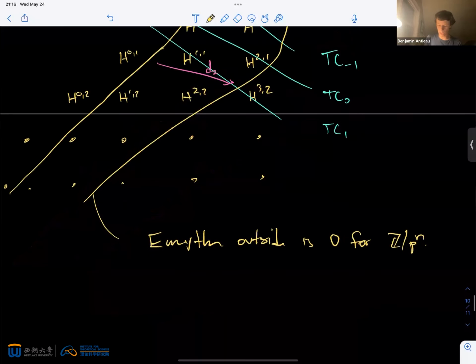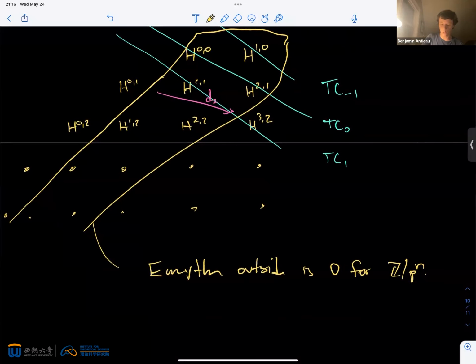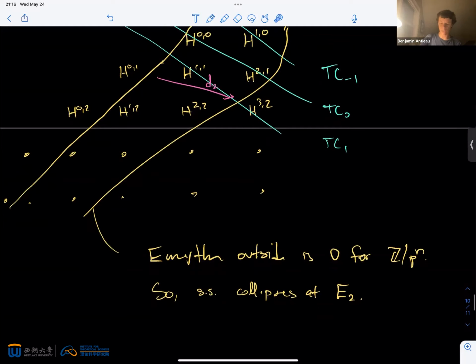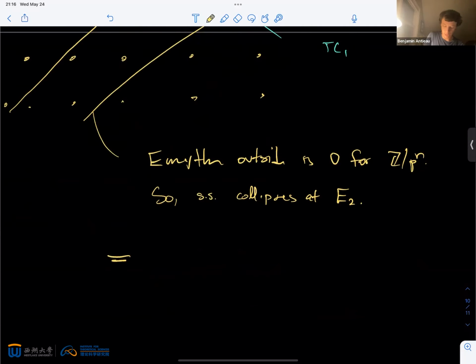In particular, all of the differentials either start or end with something which is 0. So the spectral sequence collapses at E2. In particular, what that tells us is the following.